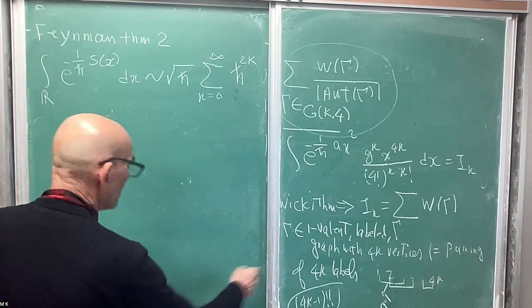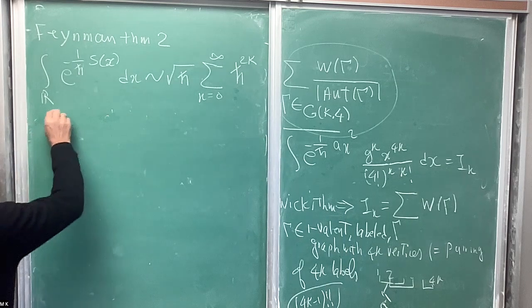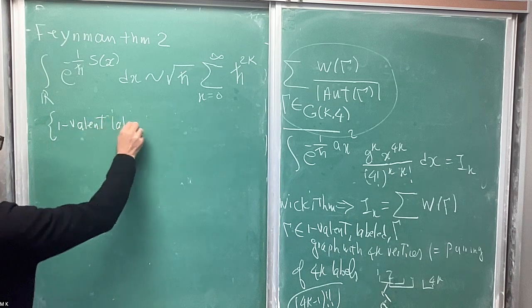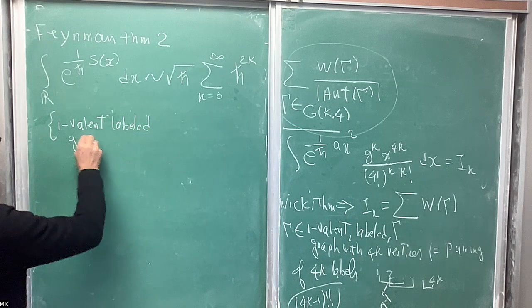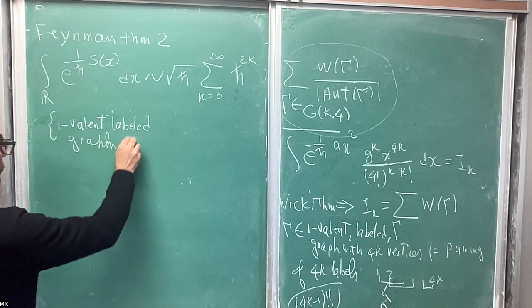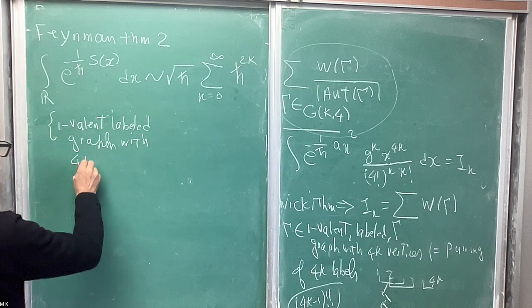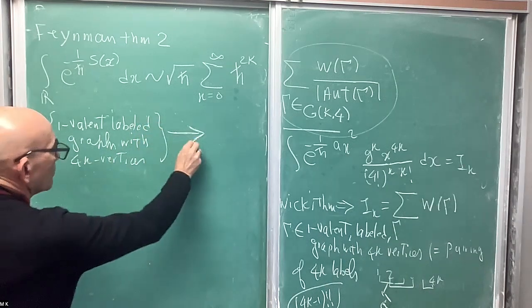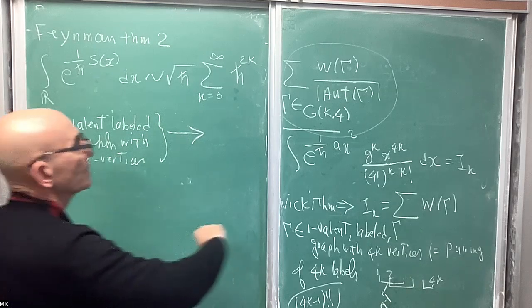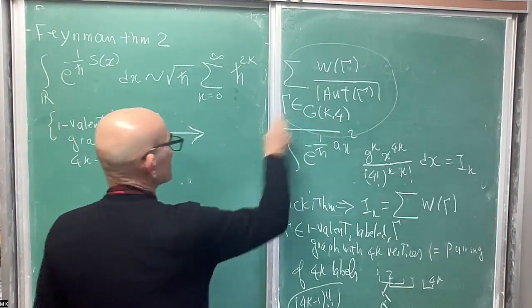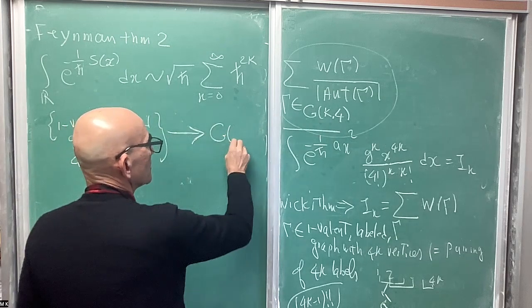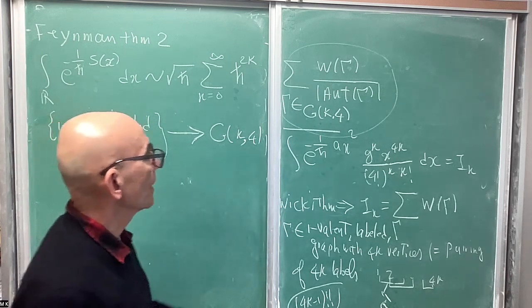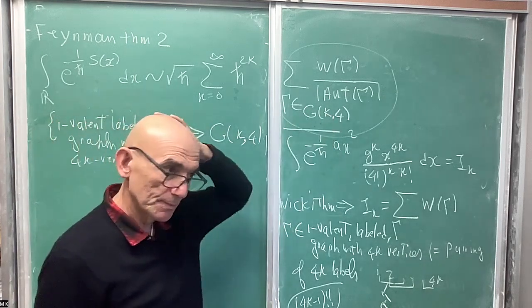Now the idea is to replace the summation over one-valent labeled graphs with 4k vertices by a summation over the set of graphs with k vertices.